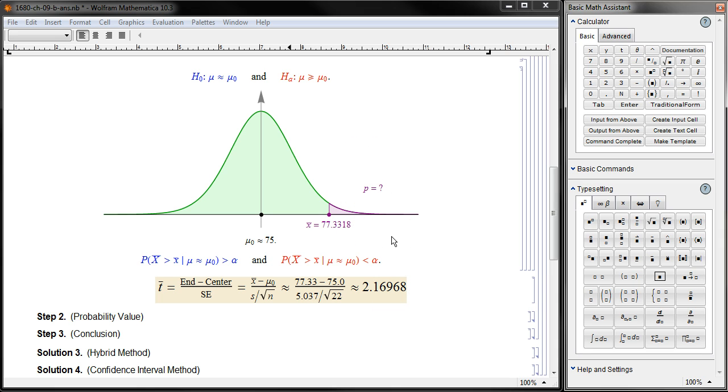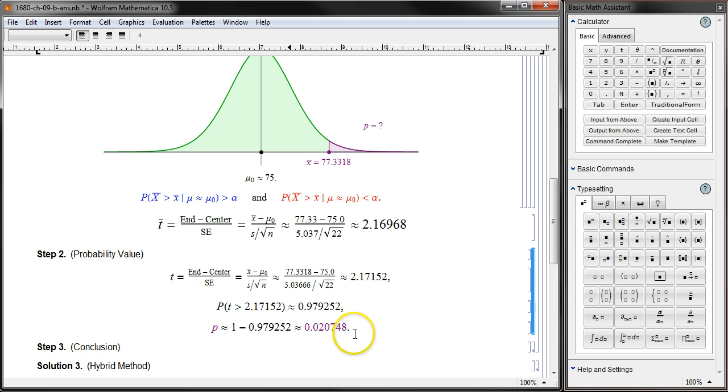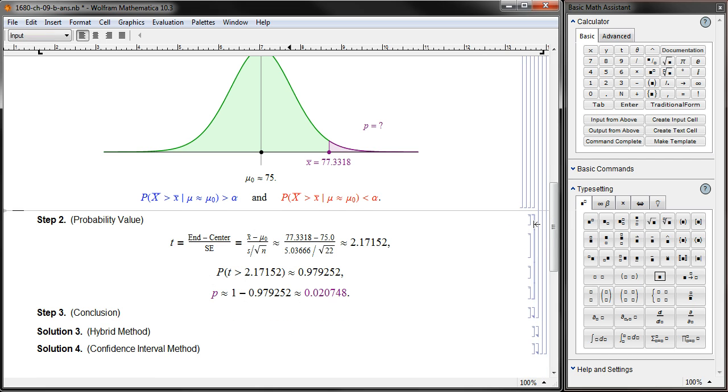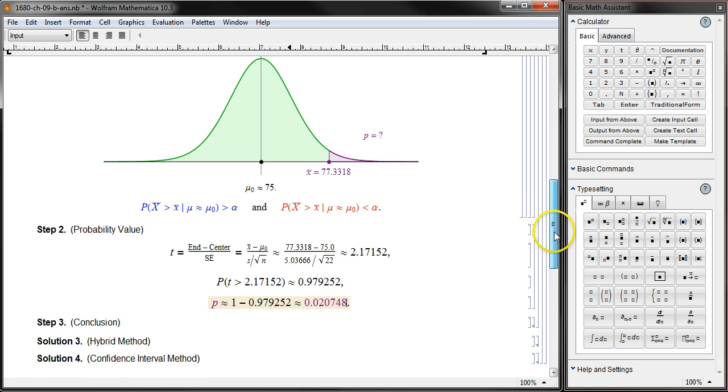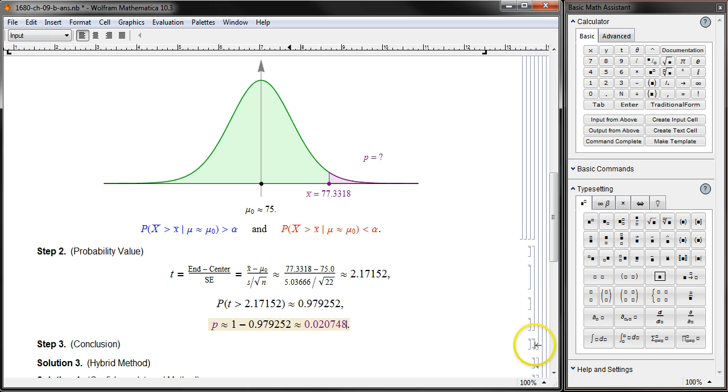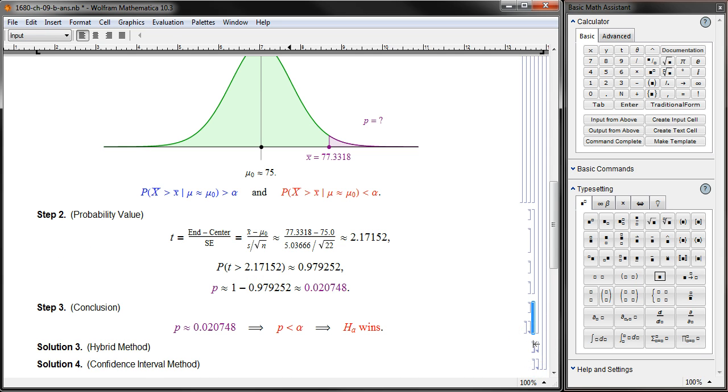How do you do that? One way is to use technology like this. I use Mathematica to do the computation, and it turned out that the probability is 0.02 something. And you can use a statistical calculator too if you want to. And 0.02, that's less than 0.05. So we have to go with the alternative hypothesis.